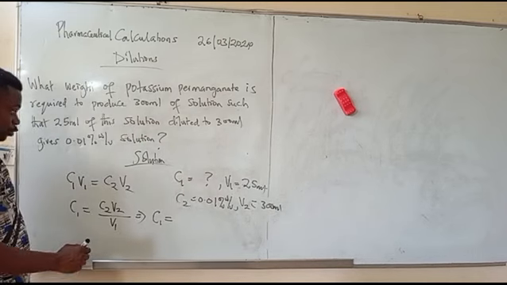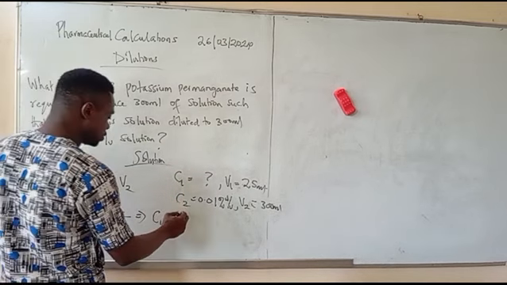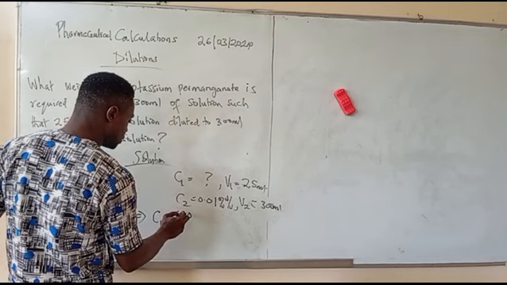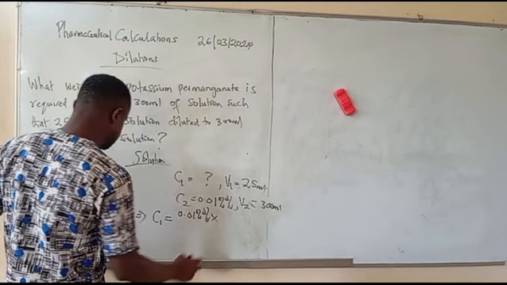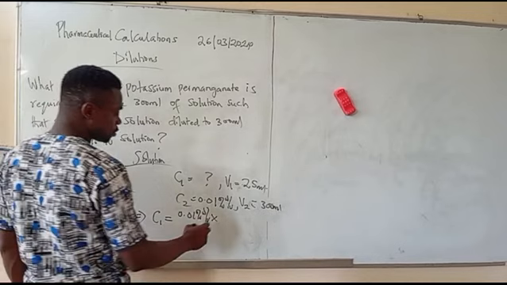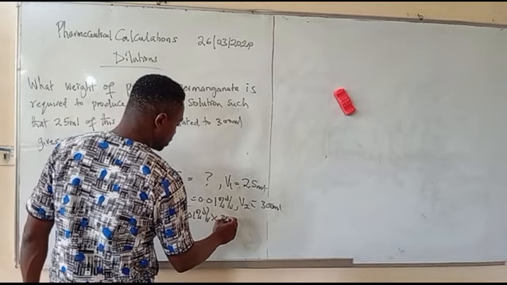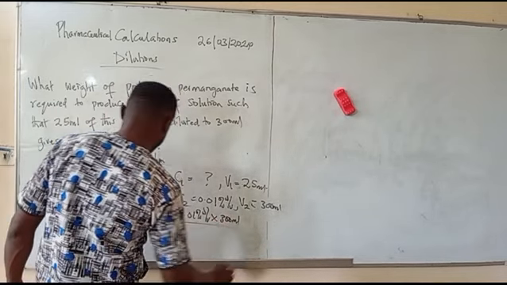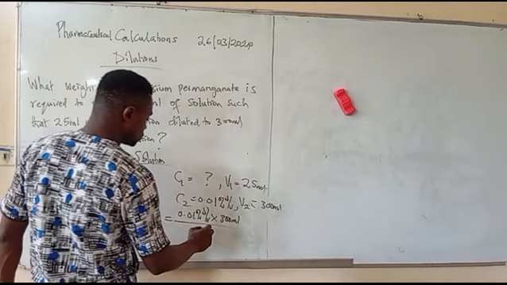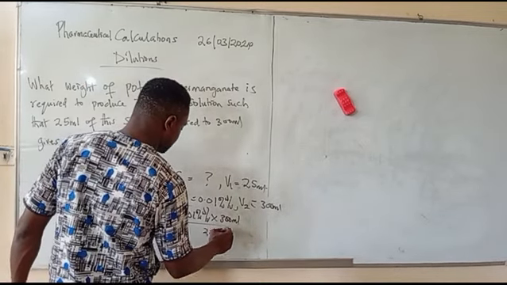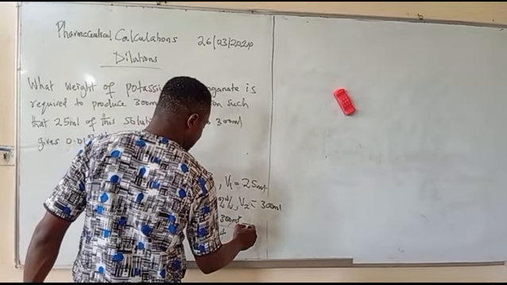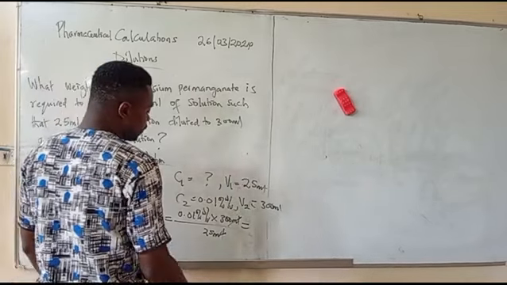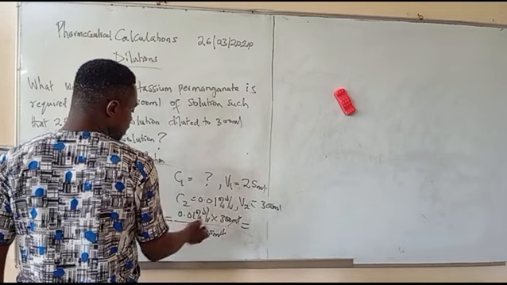So here, 0.12 percent weight in volume. Is it clear? So what we do now is find the amount of potassium permanganate in the 300 ml solution we just calculated.